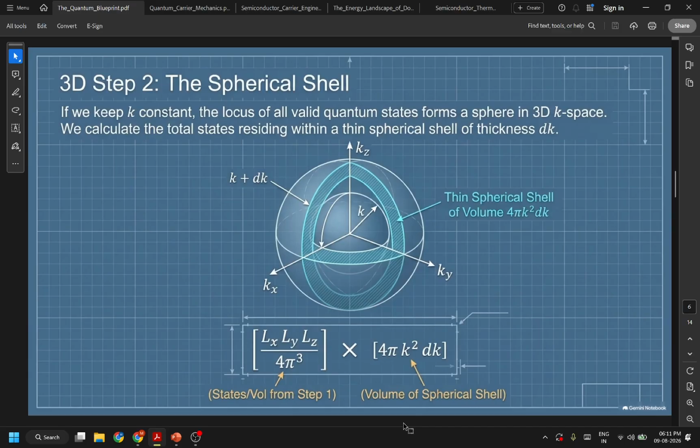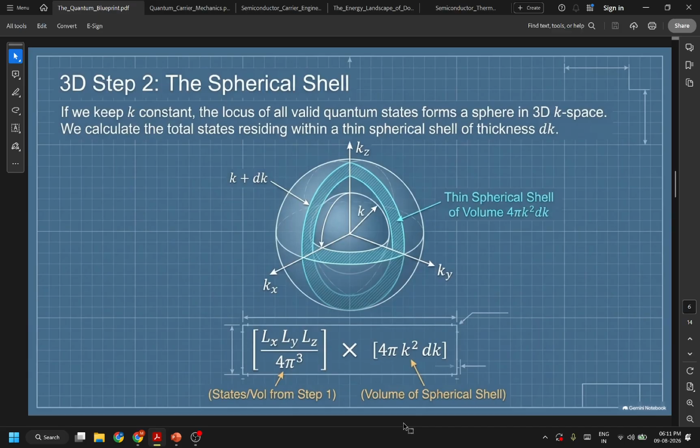So this was for the cube case. When we go to the 3D case with a large number of states, we talk in terms of a spherical shell instead of cubes. If we keep k constant, the locus of all valid quantum states forms a sphere in 3D K-space.